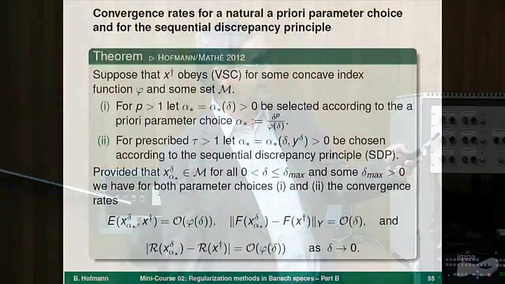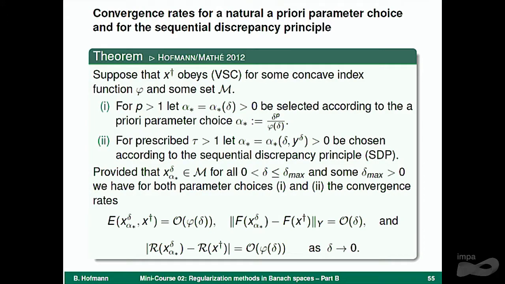We have our sequential discrepancy principle, and we take it and say, okay, alpha star by the sequential discrepancy principle. For that situation, as for the a priori situation, we need not know this phi, and we have in the same way the following. The error function, which is always a very general non-negative distance function between regularized and exact solution, is big O of phi of delta.